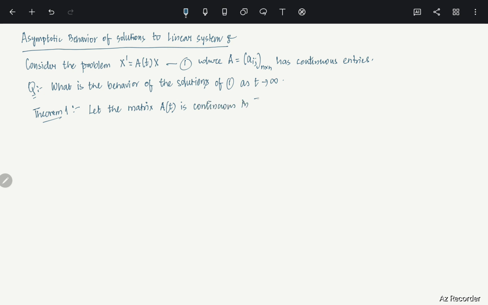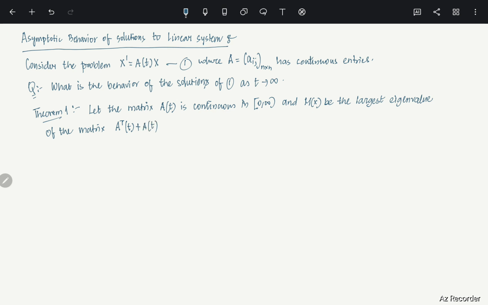And let m(t) be the largest eigenvalue of the matrix A transpose(t) plus A(t).